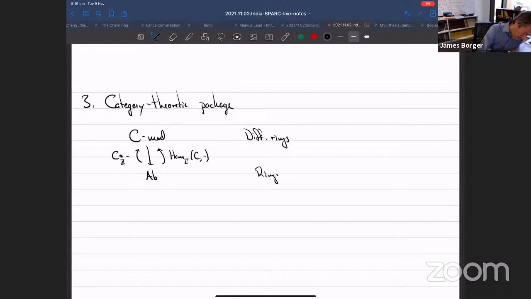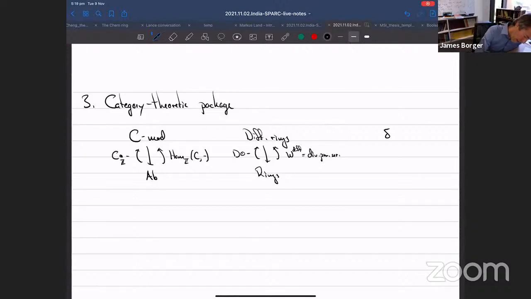And then there's a forgetful functor to all rings. There's a left and a right adjoint. The left adjoint was what I called the differential Witt vectors, which were just divided power series. And then the right adjoint, let me call it this. I'm just introducing a symbol there, and I'll tell you what that is in a minute, but it's something like a tensor product. That's why I use that symbol.